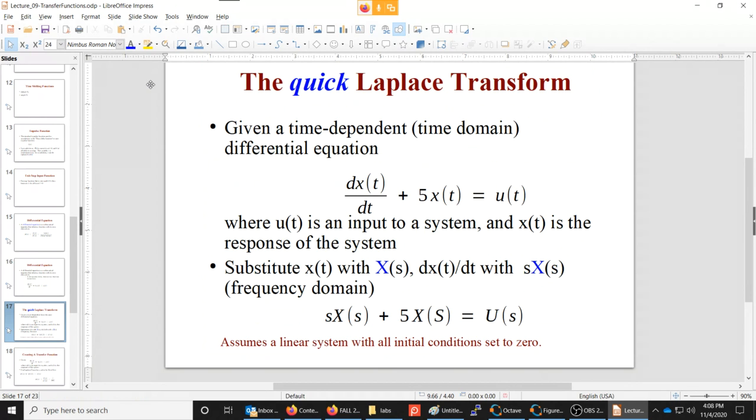So, like that chaotic system we did last week, you can't really do a Laplace on. There are some modified ones that you can work with, but basically the standard Laplace assumes that you have a linear system, so it doesn't have like an x squared term in it.